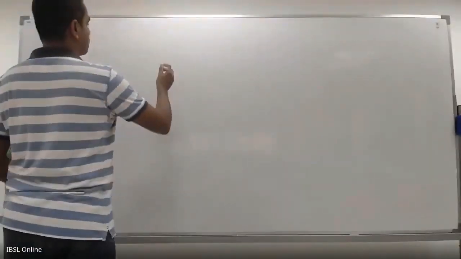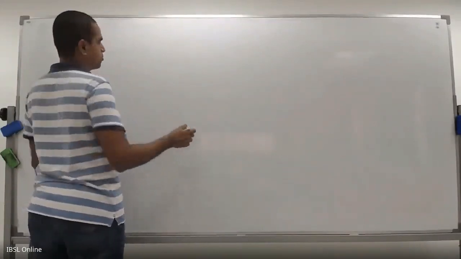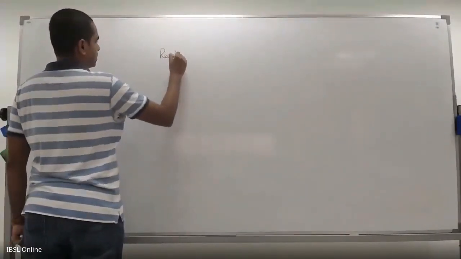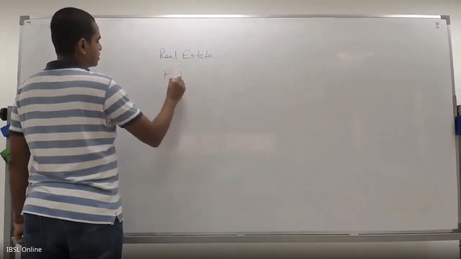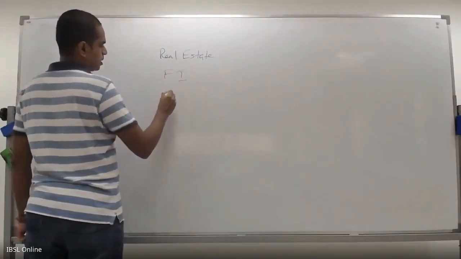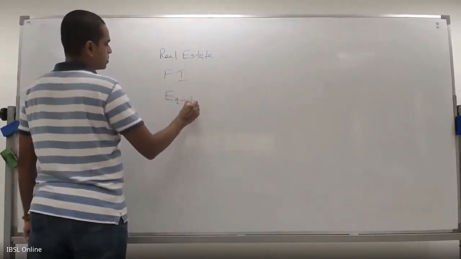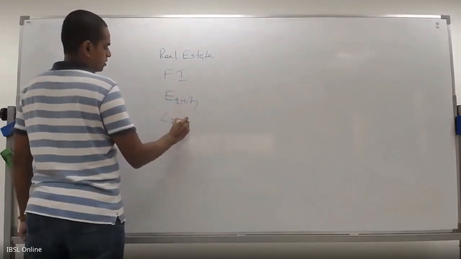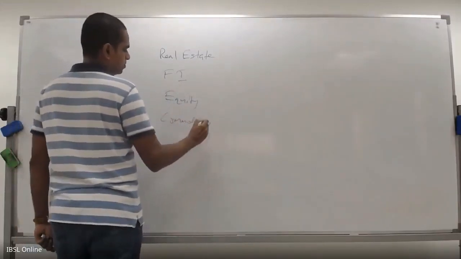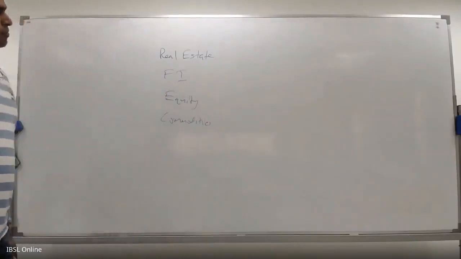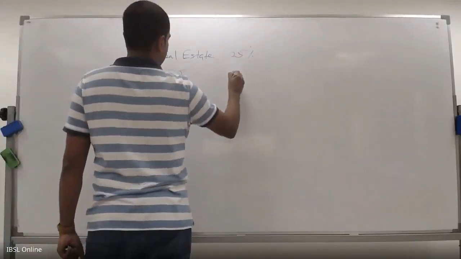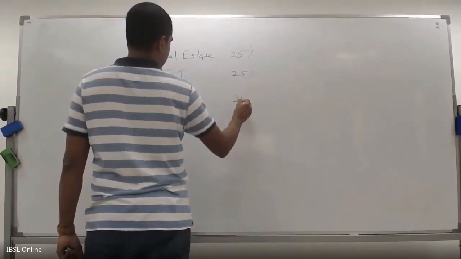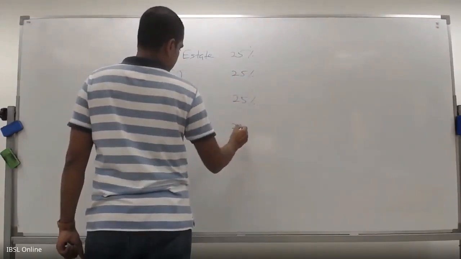Let's assume there are four types of asset classes in each portfolio: maybe real estate, fixed income, equity, commodities. Let's say you have different combinations. One portfolio has 25% real estate, 25% fixed income, 25% equity, 25% commodities.